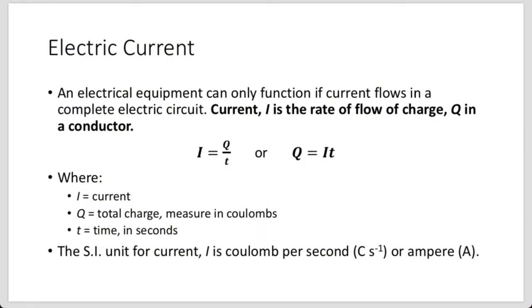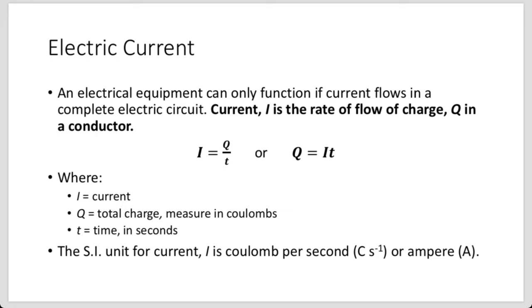Why is Q used to represent charge? I don't know. It's funny because in physics, every type of quantity has a letter or a symbol, right? For example, G is gravitational acceleration, T is time, D is distance, L is length, and different symbols.